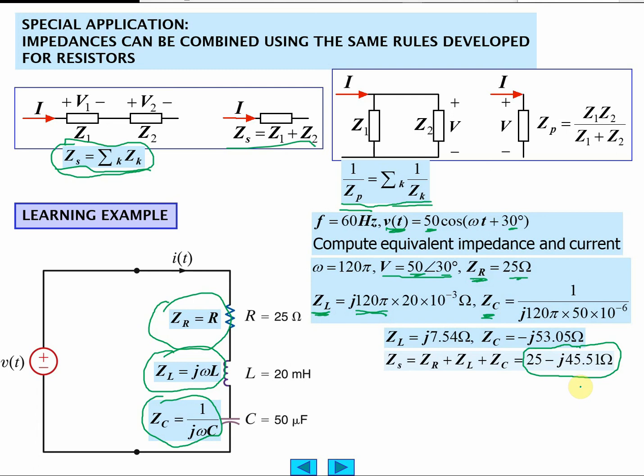So the voltage is the current times this equivalent impedance, ZS for series impedance, since all the components are in series.